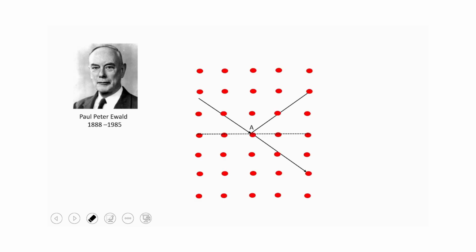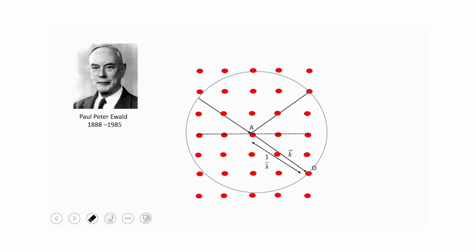Suppose now we have an incident wave vector K. In reciprocal space, we represent this by drawing the vector from A, which is the tail of vector K, to point O, which is the head of vector K. The magnitude of this wave vector will be 2 pi by lambda, but just to simplify the dimension of the Ewald space, we exclude the factor 2 pi, and hence the length of AO becomes 1 by lambda.